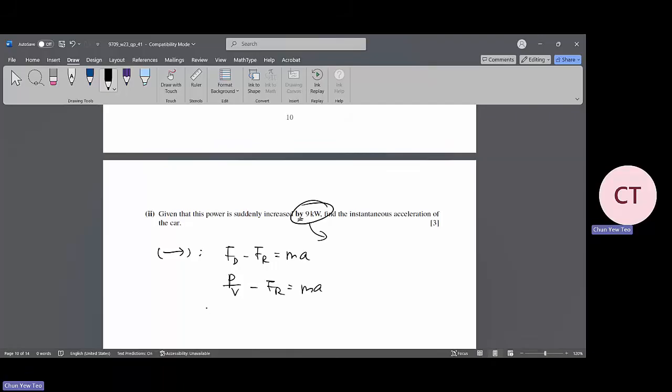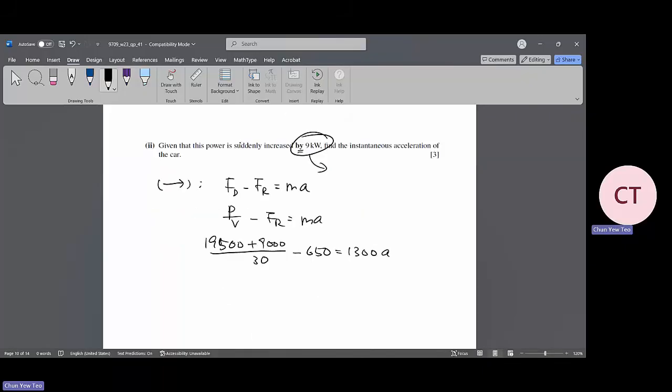So your P is 19.5, I need to convert it to watt. We are not going to use kilowatt. So 19,500 plus 9,000, divided by the speed at that time, which is still 3, minus the 650 Newton of the resistance force, equals the 1,300 of the mass, like this.